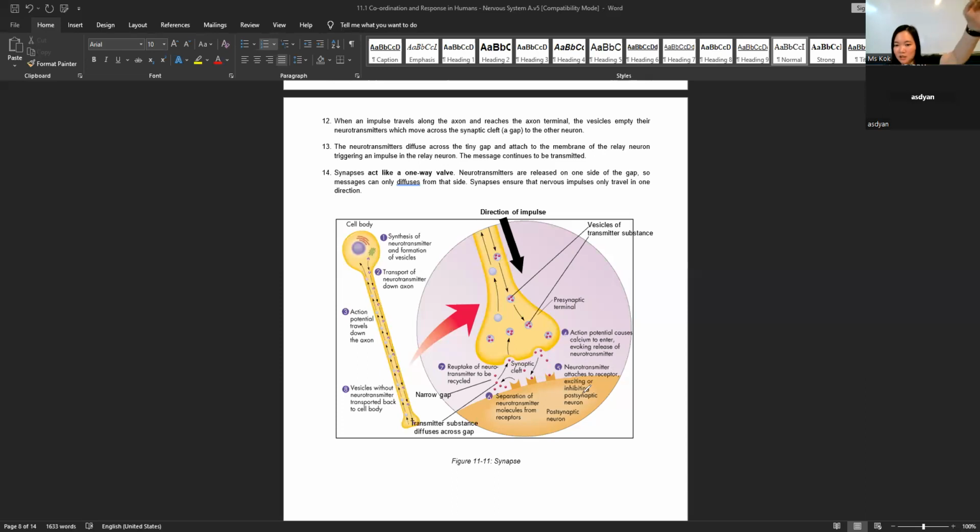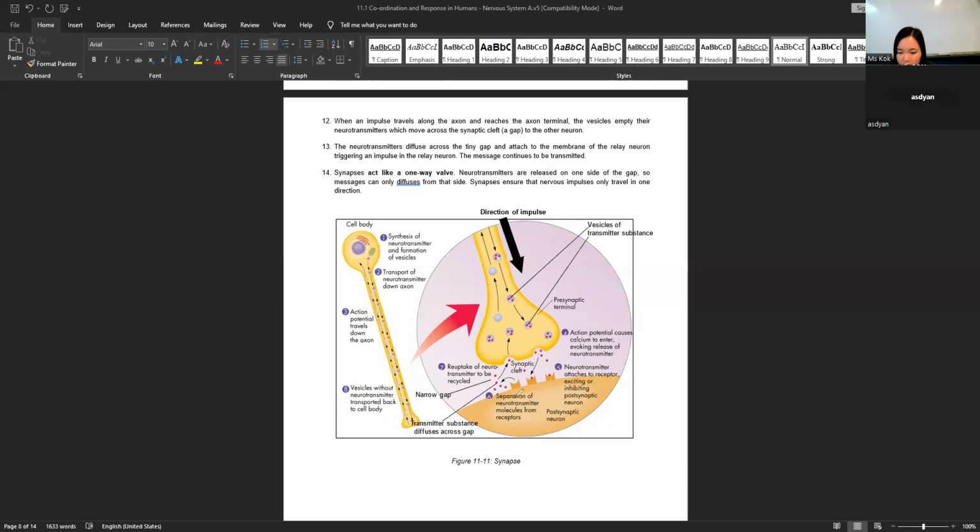That means impulse comes from here, and then when it reaches here, it inhibits, that means it stops. It doesn't proceed. If it is exciting, then it will come here, and then through here, and then it will continue. Inhibiting, that means it will stop.